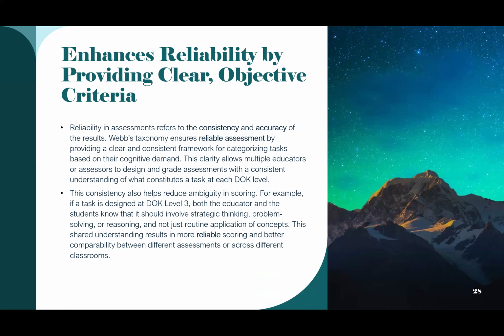This clarity allows multiple educators to design and grade assessments with a consistent understanding of what constitutes a task at each DOK level. This consistency also helps reduce ambiguity in scoring.